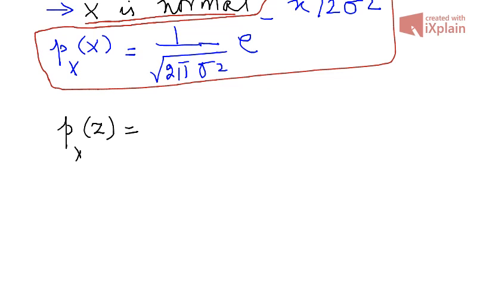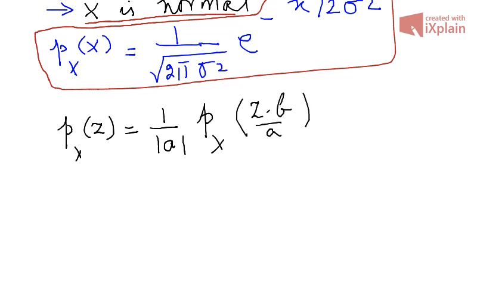So you can take any constant a. So let me keep it general. It would be 1 over mod a, and then I have the PDF of x computed at z minus b over a, which is given: the PDF of x computed at z minus b over a.